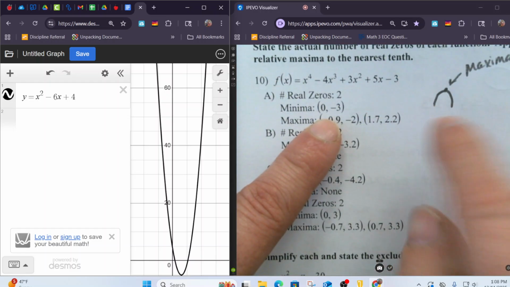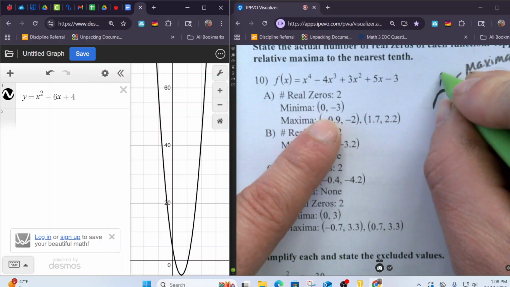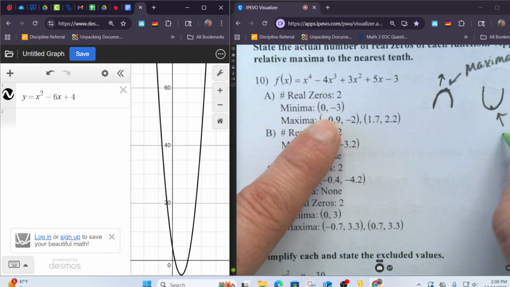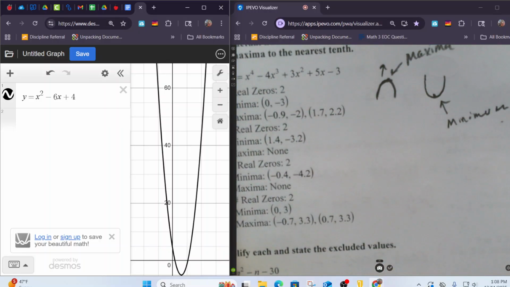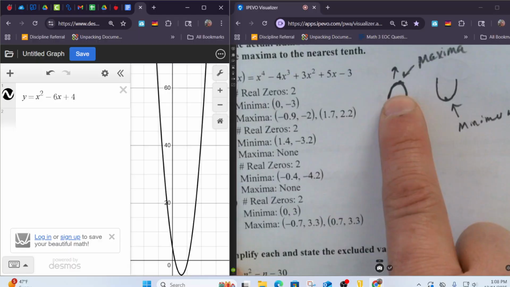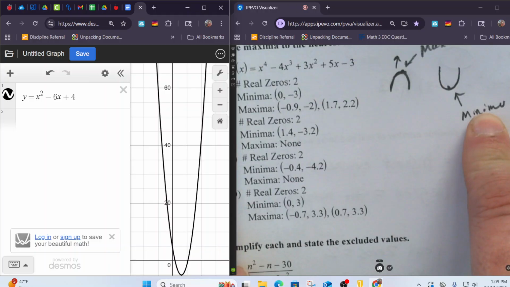Remember maximums, the hump points towards the top of the graph, and then minima goes to the bottom of the graph. I'm going to let you do that, but just remember, relative maxima or relative minima. Maximum just means the graph is pointing up. The minimum means it's pointing down.